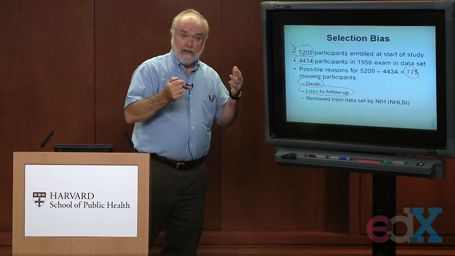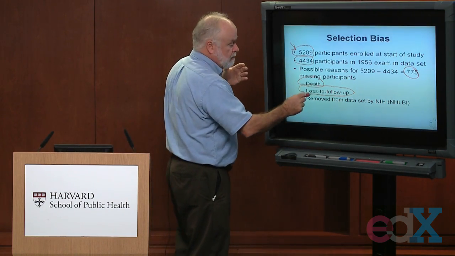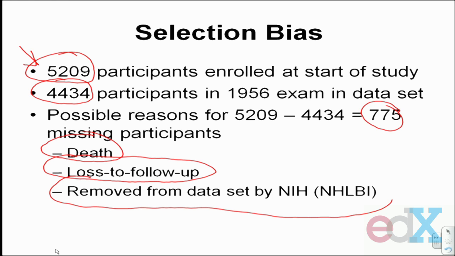So maybe the National Heart, Lung, and Blood Institute, NIH, has removed certain people from the Framingham data set to create the teaching data set that we have. One way or the other, we're missing 775 members of the original Framingham cohort.